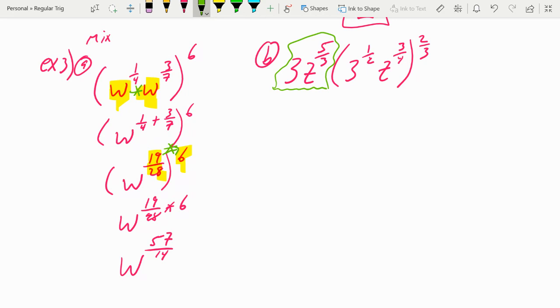Here I have power to a power. Multiply that out. So remember, we said we're just going to recopy this mess here. 3z to the 5/3. And then this ends up being 3 to the 1/2 times 2/3, z to the 3/4 times 2/3.